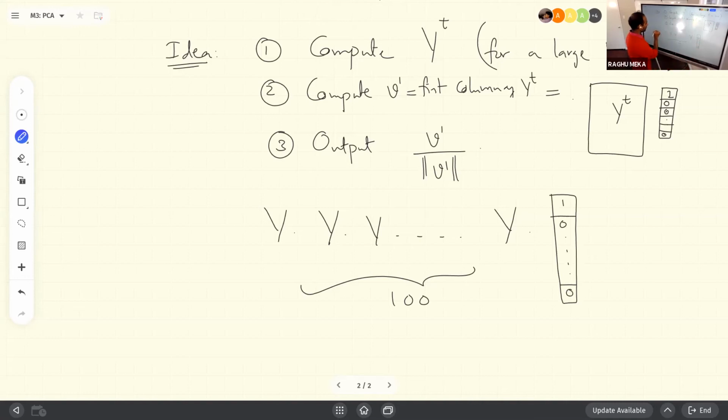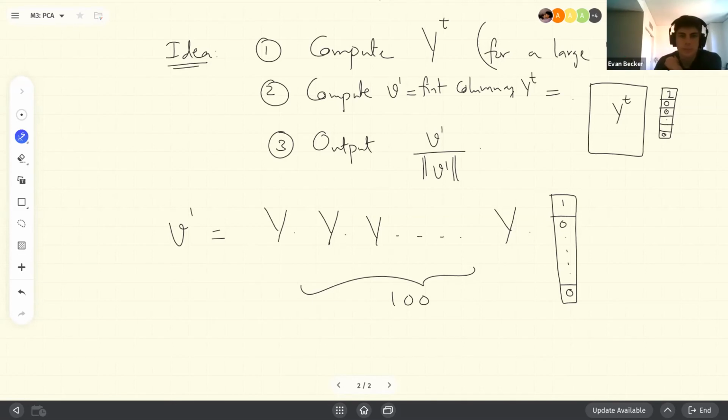Okay, so this is what v1 prime is. What we wrote down here is, I want to compute this guy, so I'm computing this matrix product and then multiplying with this vector. But what's a more efficient way to do this?